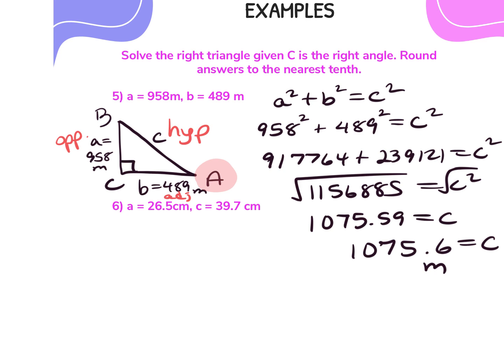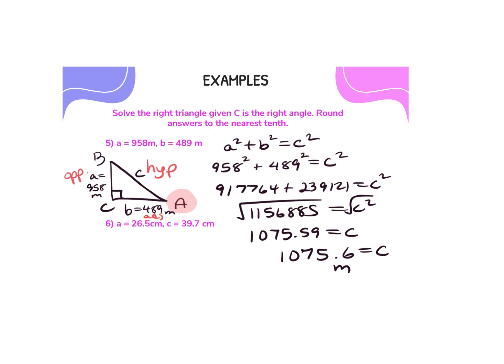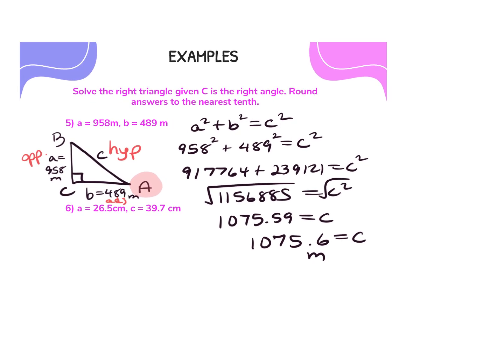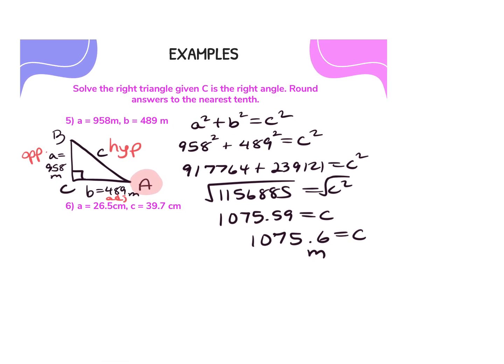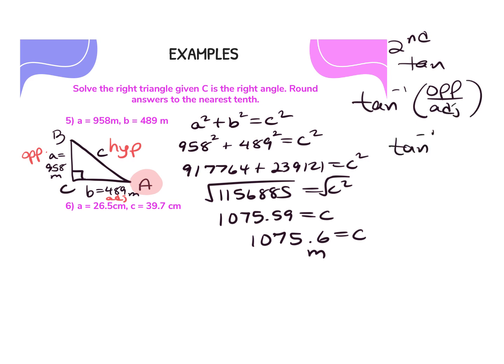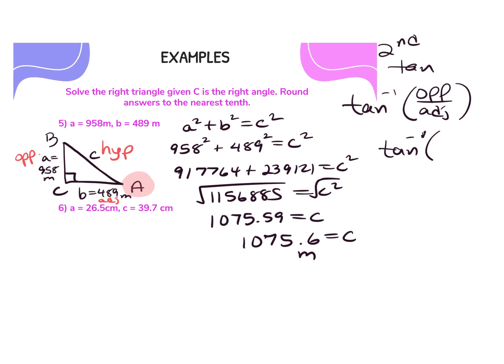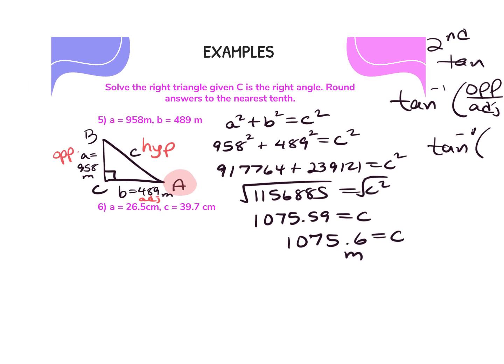All right, I heard somebody say tan. So we're going to do tangent, but we're doing inverse because we're looking for the angle. So I'm going to be doing tangent -1. Remember, to get that, you hit second and then the tangent button. And then in here, I'm going to fill out opposite over adjacent. So tangent -1. My opposite side was the 958.